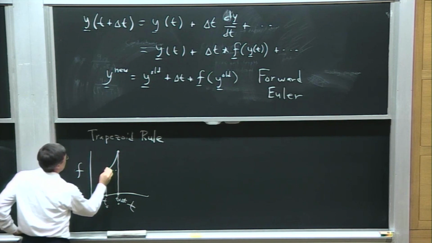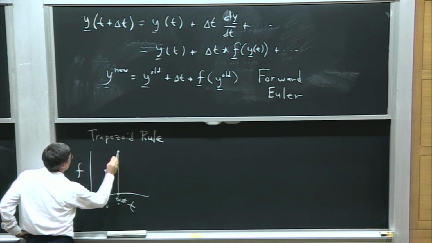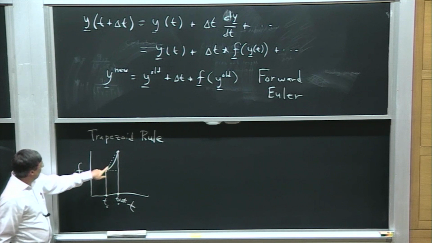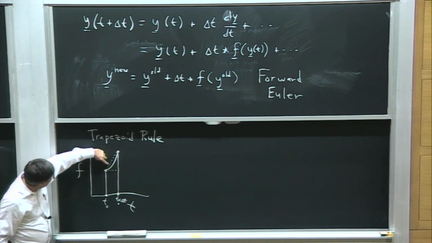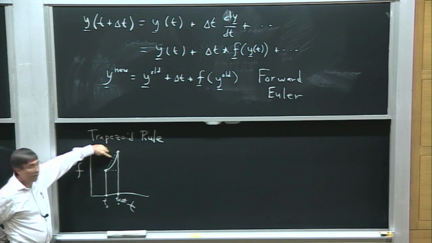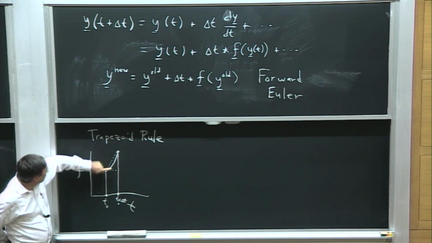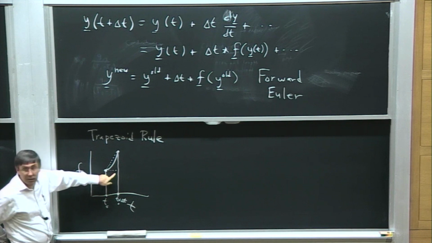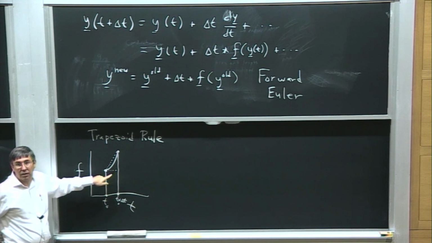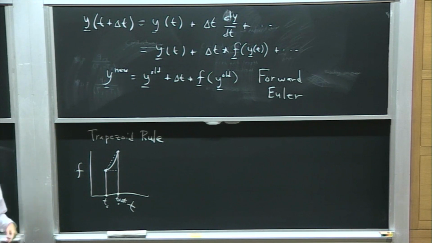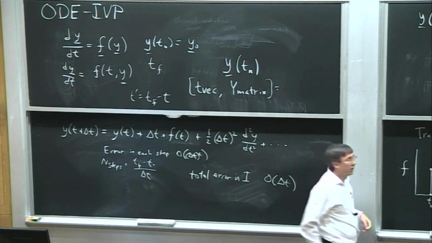If I do the trapezoid rule, then the error is, I actually overestimate the value here, but the integral of the difference between this dotted line and that solid line is less than the integral between the solid line and that dotted line. So it's more accurate. So that's why people like the trapezoid rule better than the rectangle rule.